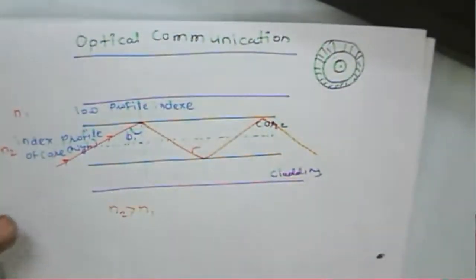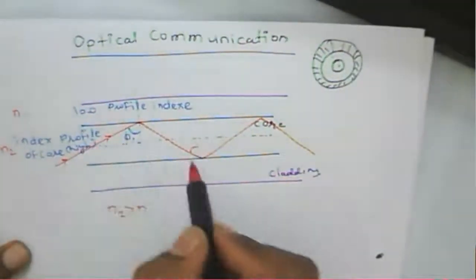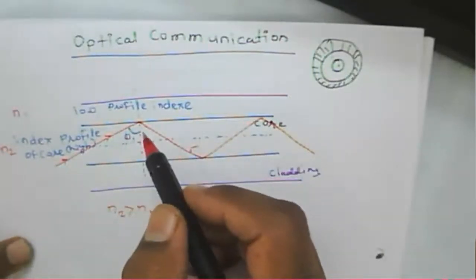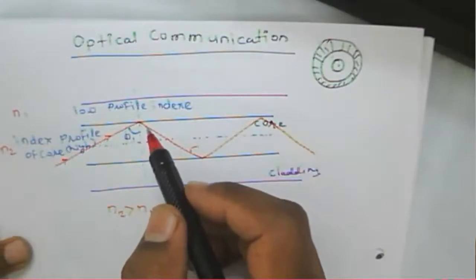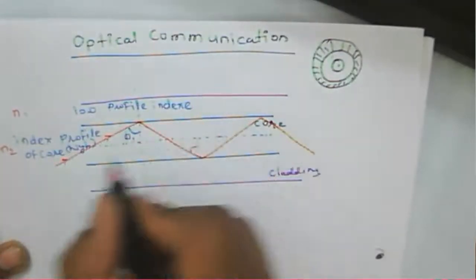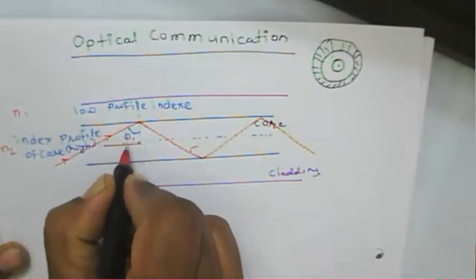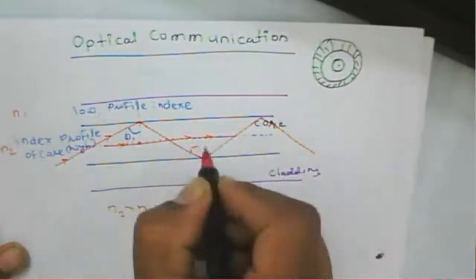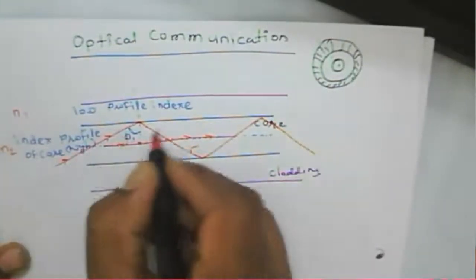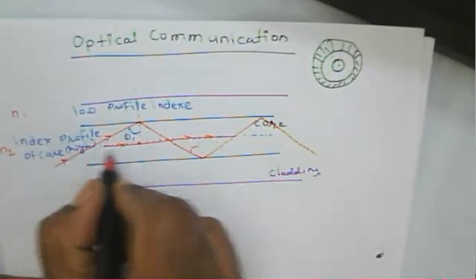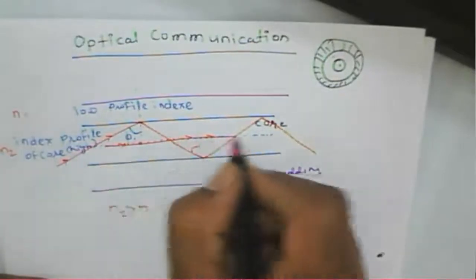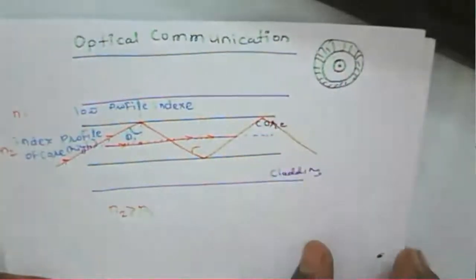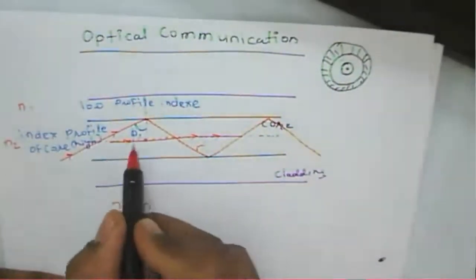Now light propagates making an angle of incidence, whatever phi we say. And sometimes some light rays propagate along the axis. It will not make any angle; it will propagate directly through the core axis, at the center of the fiber.